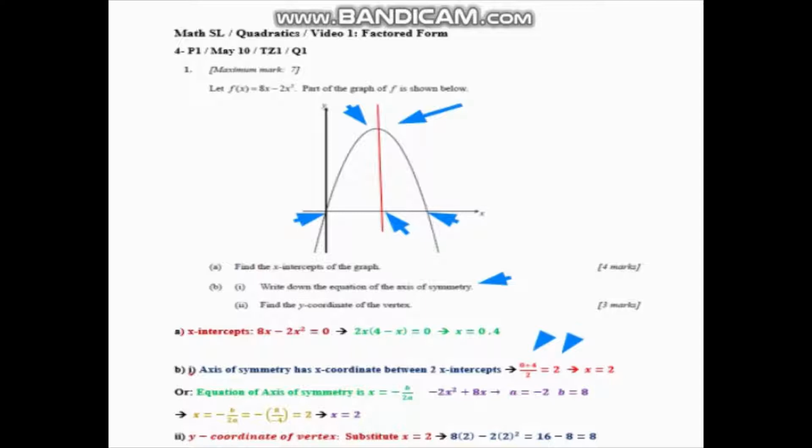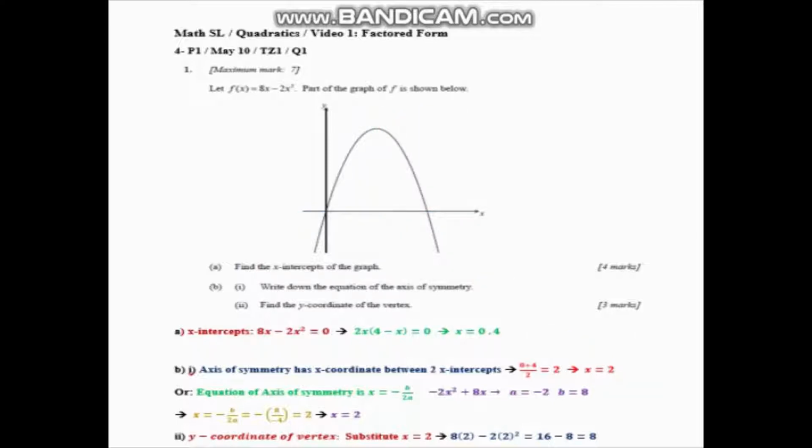So I know that the x-coordinate of this line is equal to 2. Hence, the equation of the vertical line passing through this point is x equals 2. This is the equation of the line. Bear in mind, this is not a value of variable x. This is the equation of the vertical line, x equals 2.